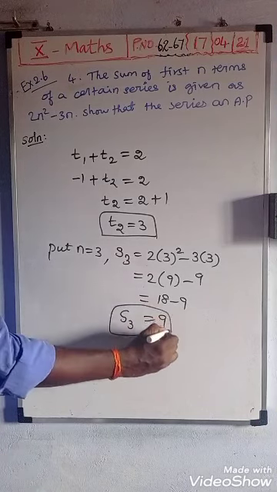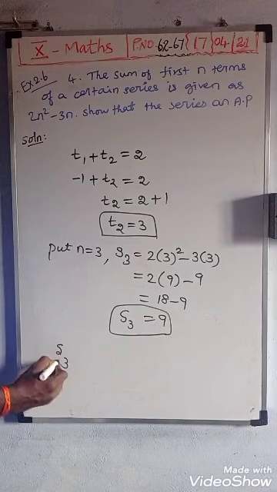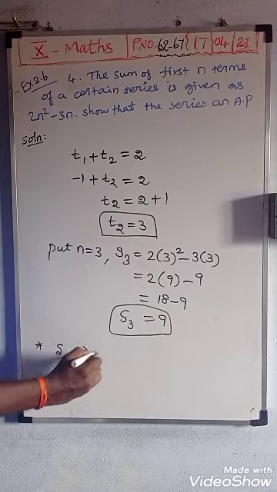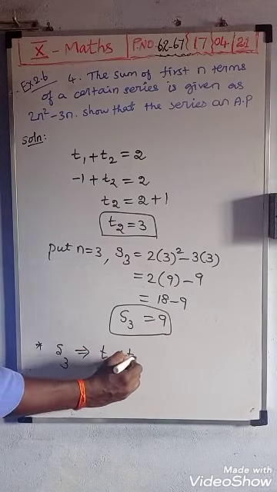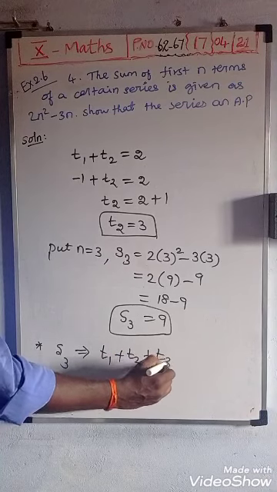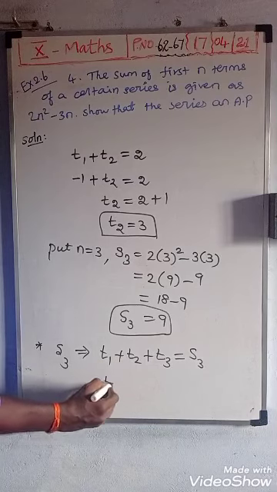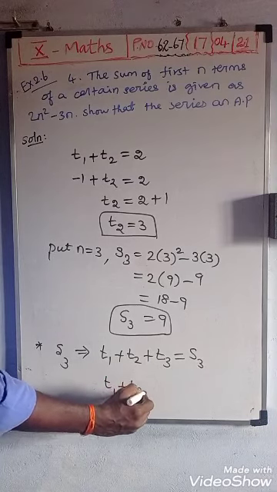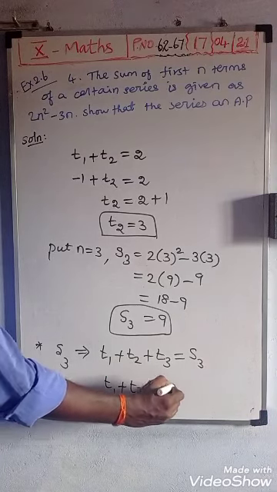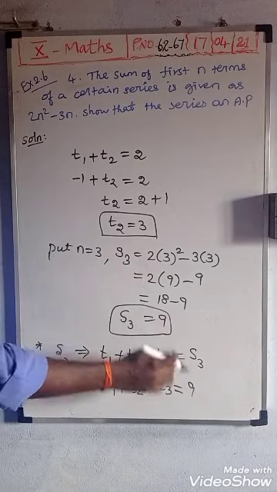Actually we need T3 only. S3 means T1 plus T2 plus T3. Now T1 plus T2 plus T3 is equal to 9, because the S3 value is 9.